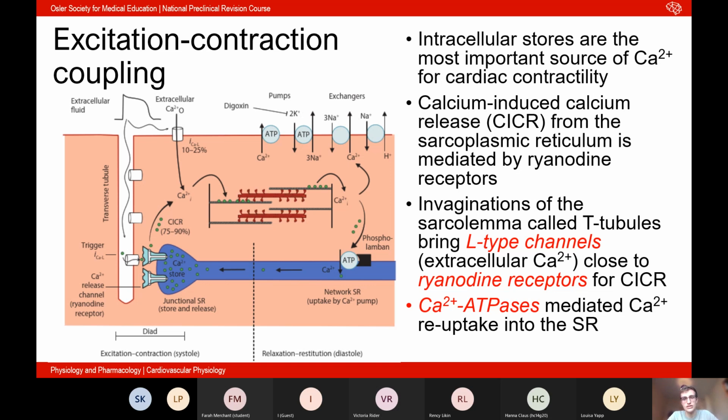That calcium binds to the ryanodine receptor, which causes more calcium to be released from those intracellular stores. So you get a huge surge of calcium, which causes contraction through actin-myosin cross-bridge cycling, and that's what creates contraction in systole. After contraction is complete, we get this calcium ATPase also within the sarcoplasmic reticular membrane, and that pumps calcium back into the sarcoplasmic reticulum in order for this cycle to repeat itself.